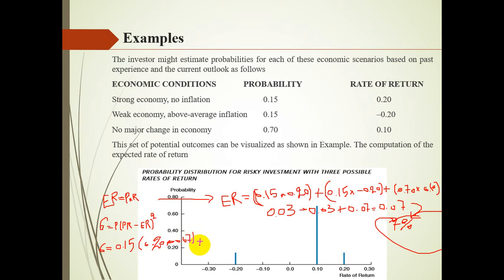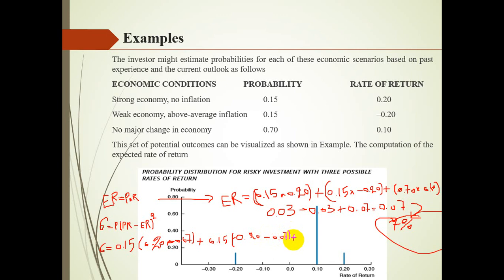Plus the next return, probability 0.15 multiplied by minus 0.20, then minus expected return 0.07.